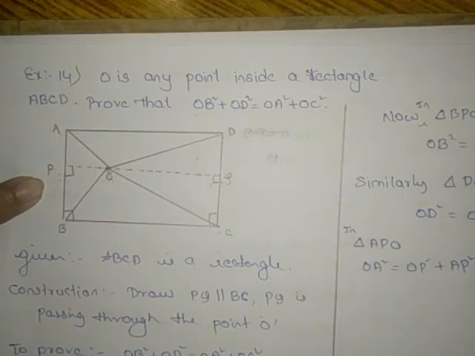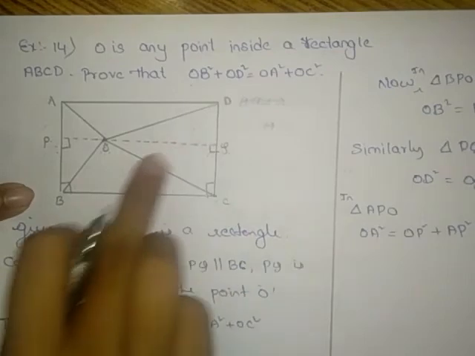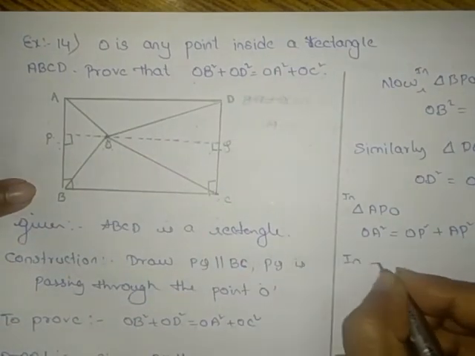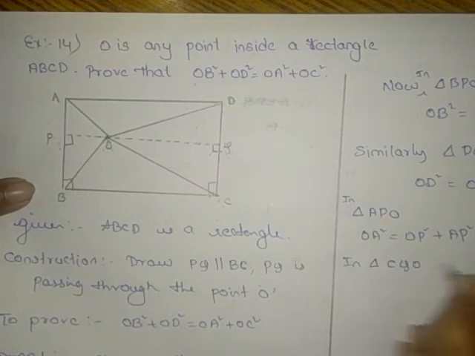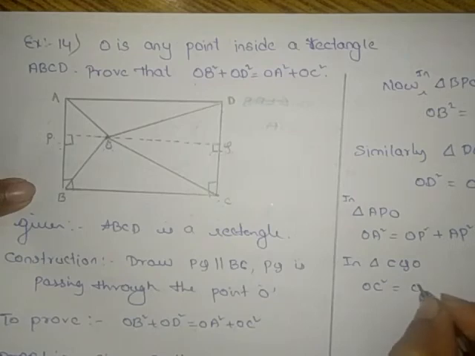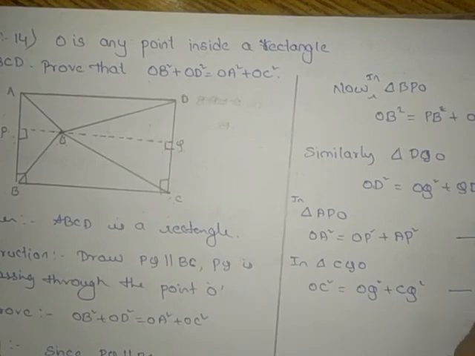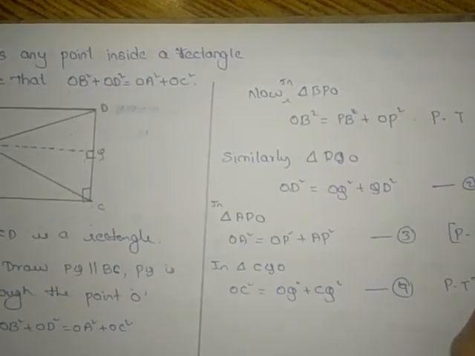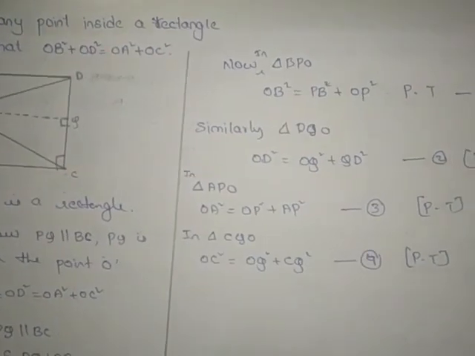We'll call this 3, by Pythagoras theorem. Then we'll take this triangle. In triangle CQO, that is OC square is equal to OQ square plus CQ square. Again we call this 4, by Pythagoras theorem. Here we obtained 4 equations, right?